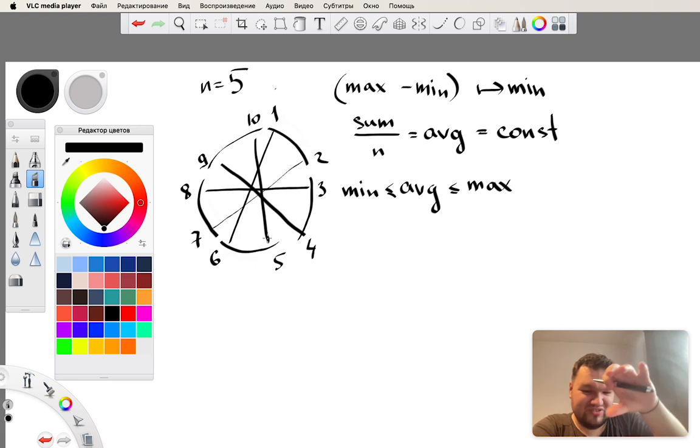If we move through the circle, when we move from 1 to 2, 1 was swappable with 6, 2 is swappable with 7, and 1 and 2 are on the same table, but 6 and 7 are not. So it's very, very different.